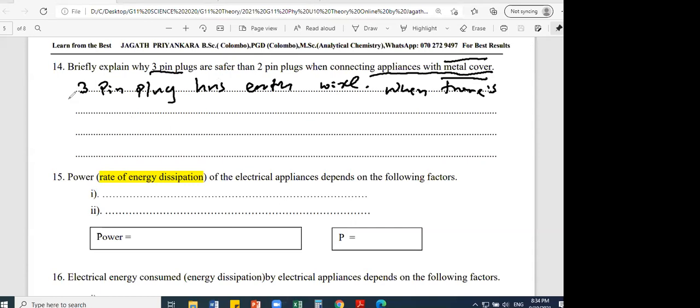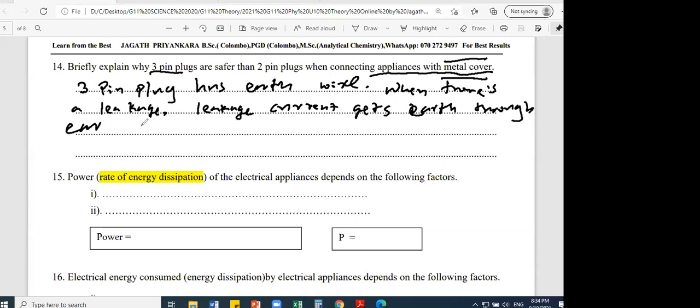This prevents the accidents caused due to the leakage current, or this protects the consumers from leakage current.